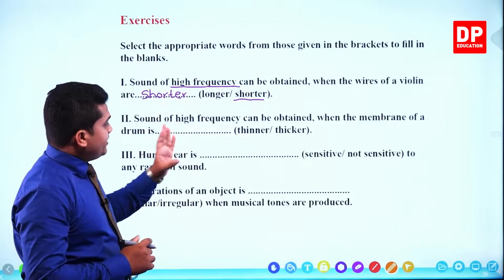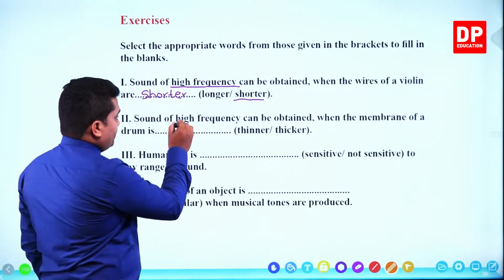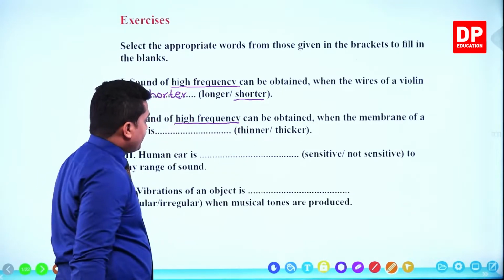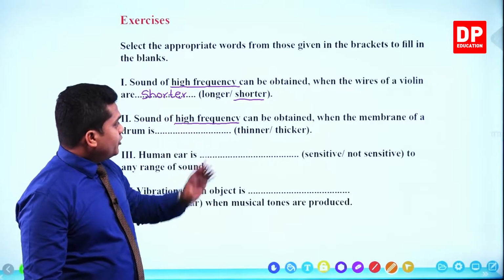Once again, you are given sound of high frequency.